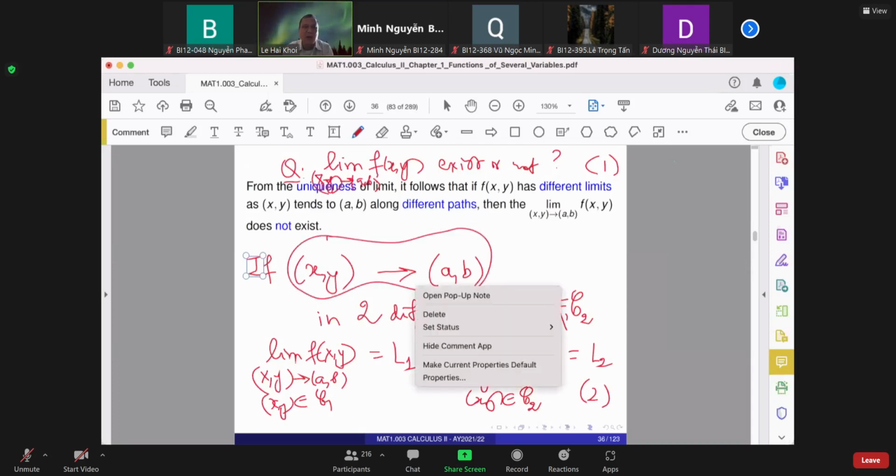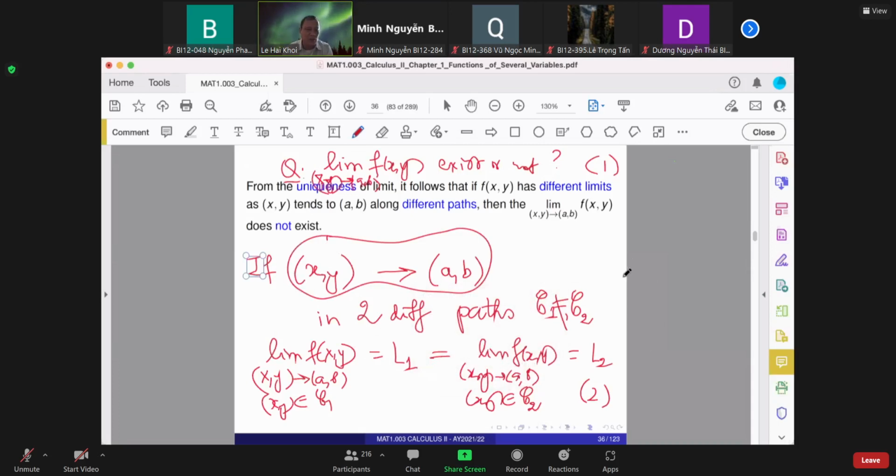We already talked about this. In particular, along path 1 or along path 2, and they should be the same. This is one direction. But if you have different paths and different limits, then we can say that the general limit doesn't exist.